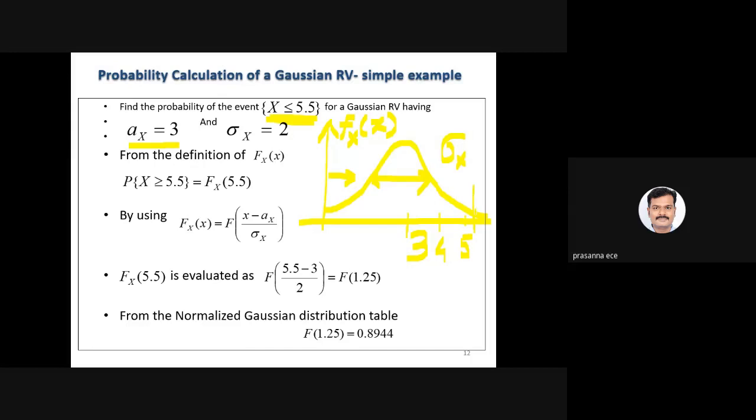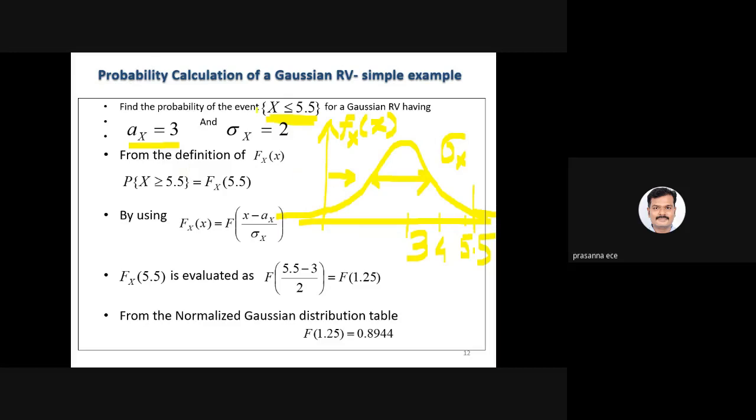Please note that the curve does not touch 0 immediately; it is asymptotically going to 0. Even beyond 5.5 the curve is extending, and below 0 also the curve is extending.